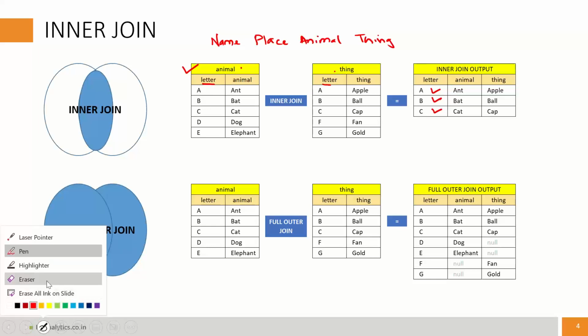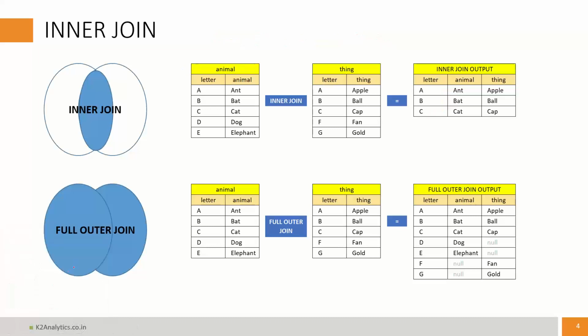Now let's understand full outer join. When you join the two tables such that in the output table you will have all records from both the right table and the left table. So for example, A, B and C are common in both of them, so they are matching, and the values you get here: ant, bat, cat, apple, ball, cap. D and E are present in the left table, because in the query when you are going to write, it will be on the left hand side.